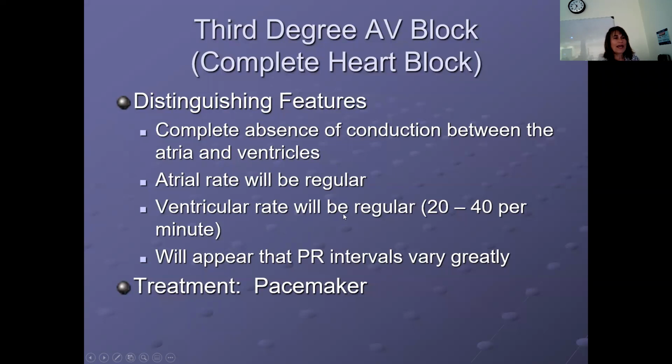But when you're looking at it on a piece of paper, what it's going to look like is that your PR intervals are going to be crazy. They're going to look like the PR intervals are all over the place, but they're not. They're just P waves are on the paper, and then the QRSs are on the paper. It's just how they land. It looks like you have varying PR intervals.